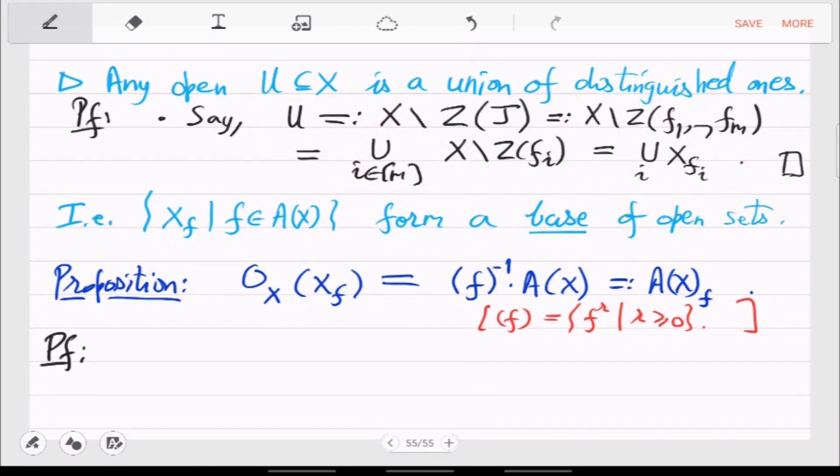Well, clearly anything in A_X sub f is regular on X_f, because g over f or g over f square, these things are defined on X_f. So that part is clear. We have to show the converse, that's the non-trivial part.